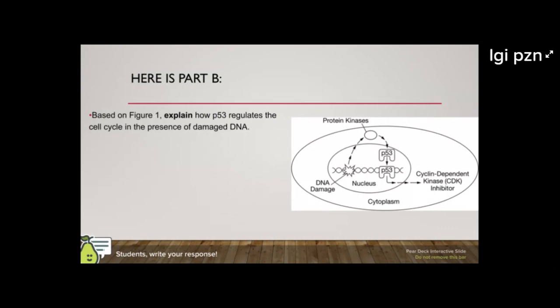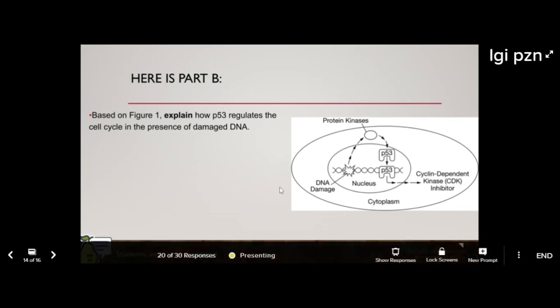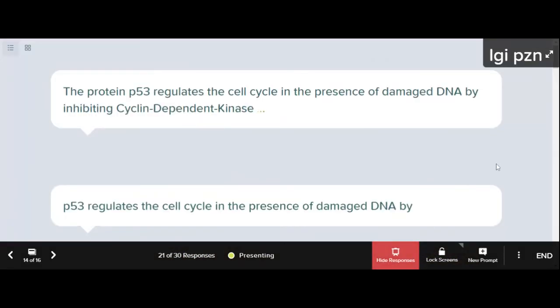So let the diagram guide you. Let the diagram guide you. Yeah, that's pretty good.